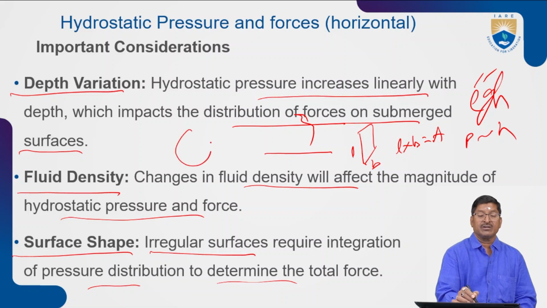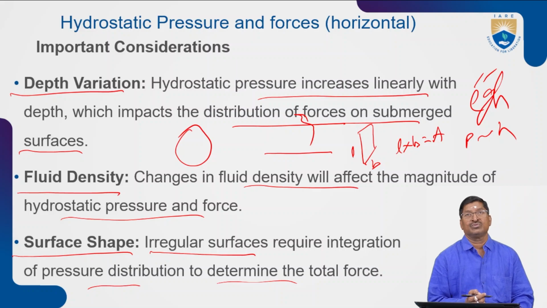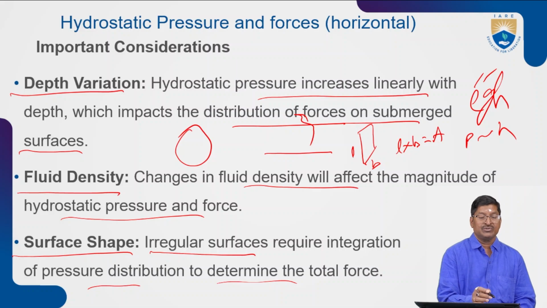If it is circular, pi r square gives the area of the circular surface. That area will be multiplied with the pressure so that we get the pressure force. Okay, hydrostatic force. Here hydrostatic pressure is there, and hydrostatic force also. Pressure is in Newton per meter square, so if you multiply with the area of that particular surface, you will get the force.